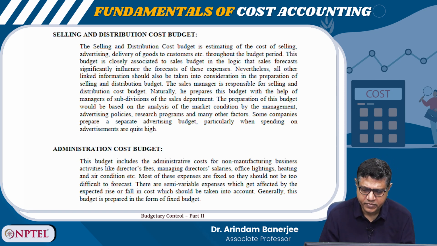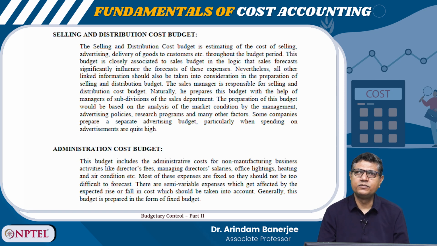Administration cost budget. We need to employ an administrative manager, the administrative staff. You need to maintain one office space. You need to keep on supplying stationery. You need some equipment, computers, etc. in the office. You need to maintain internet, good quality internet.